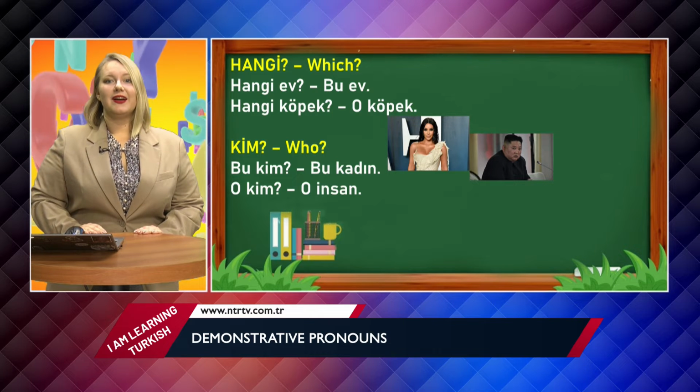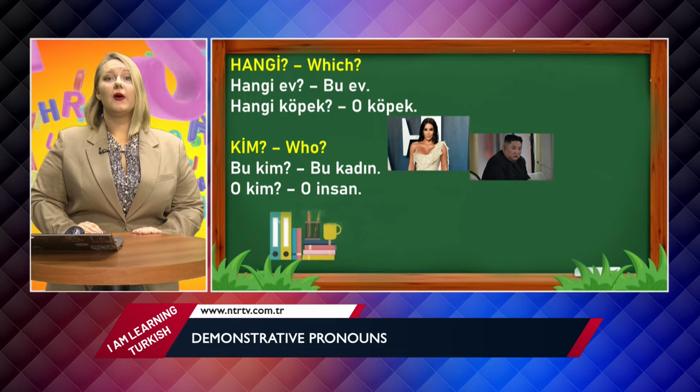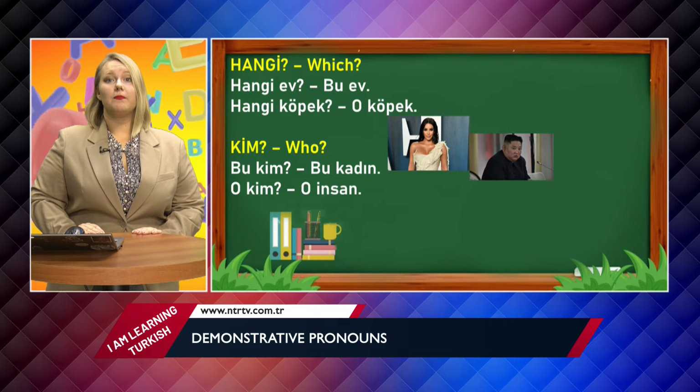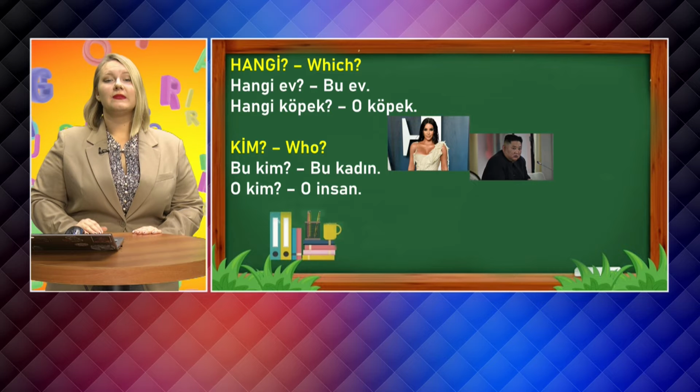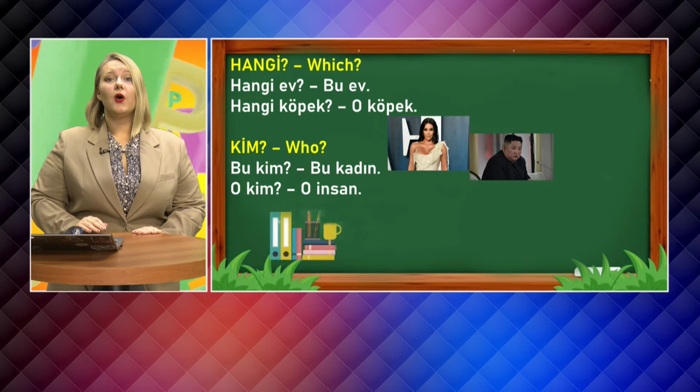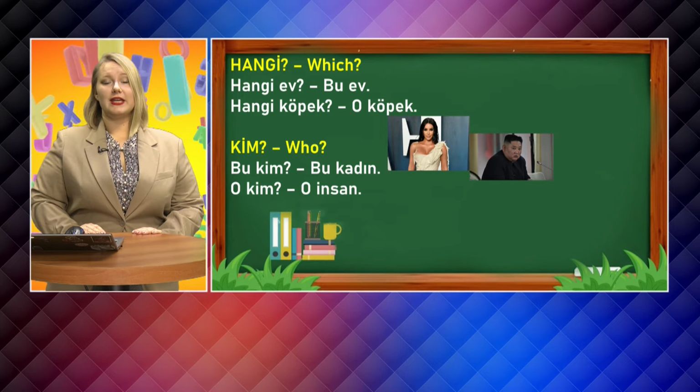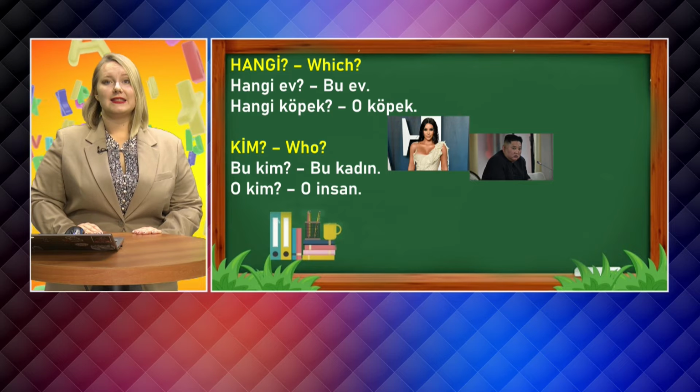As an example, o kim, who is that? Bu kadın, this is a woman. Or o kim, who is that? O insan, that is a human.